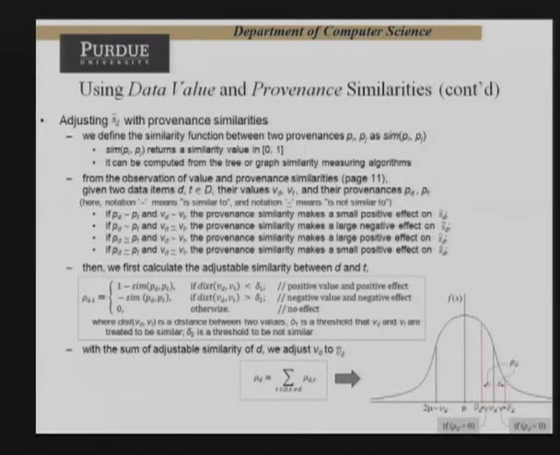And if it has very similar provenance but quite a different value, then we move the data point outside, far from the center of the normal distribution.